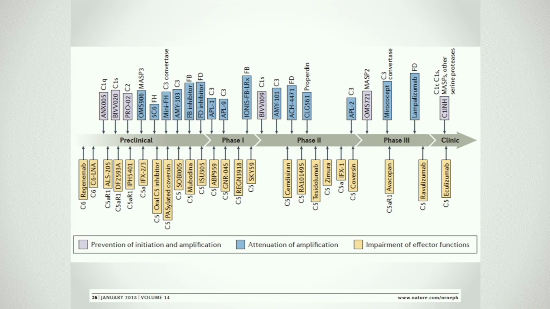Because of the complement system gaining a lot of interest in the last years, one of the areas that I found interesting was the number of drugs that are currently in preclinical or various phases of trials. And you'll note both top and bottom attempts at basically trying to prevent either initiation or amplification of the complement system and or impairment of effector functions of it.